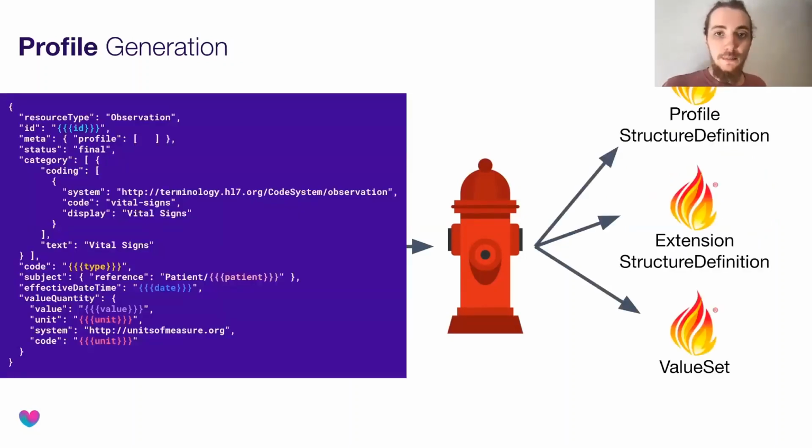Now, we know what the output looks like. For example, the resource type here is observation, and we know which fields are fixed. We know the types, cardinalities of the inputs, and that implies, of course, the types and cardinalities of the outputs. And using that information, we can actually generate FHIR profiles that let us know what our output FHIR is going to look like.